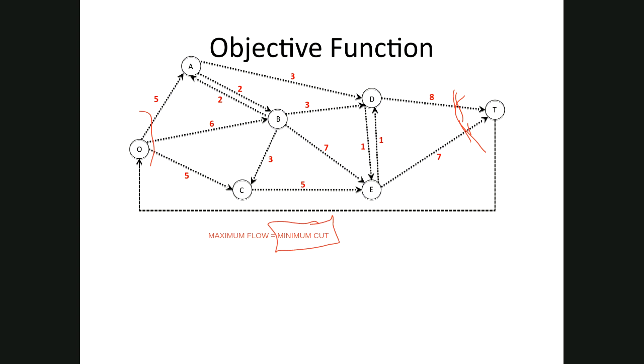Hypothetically, if 15 was our maximum flow and our cut was here, then in order to get more than 15 to our destination, one of these two pipes, either D to T or E to T, would have to be improved, or both.